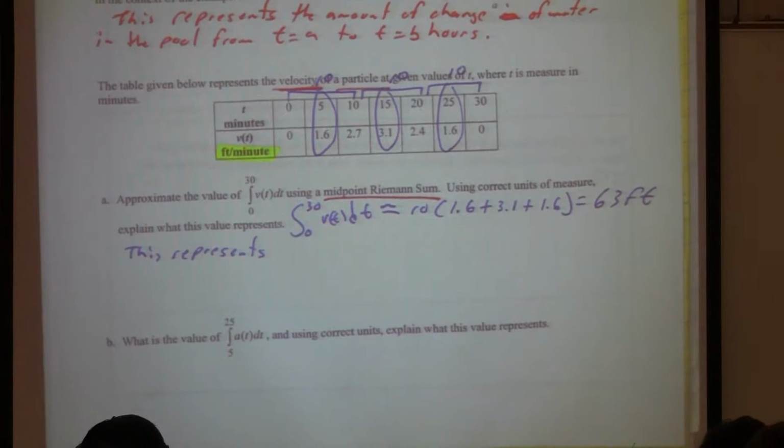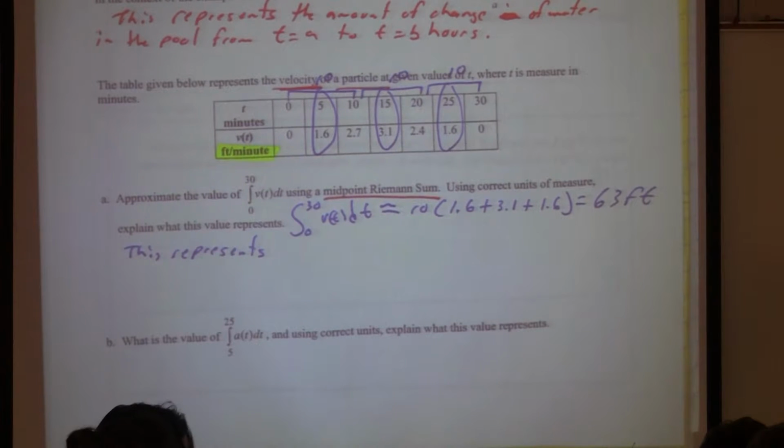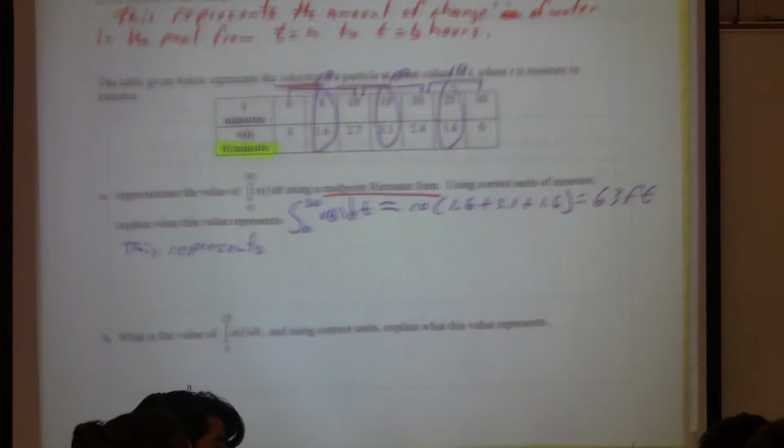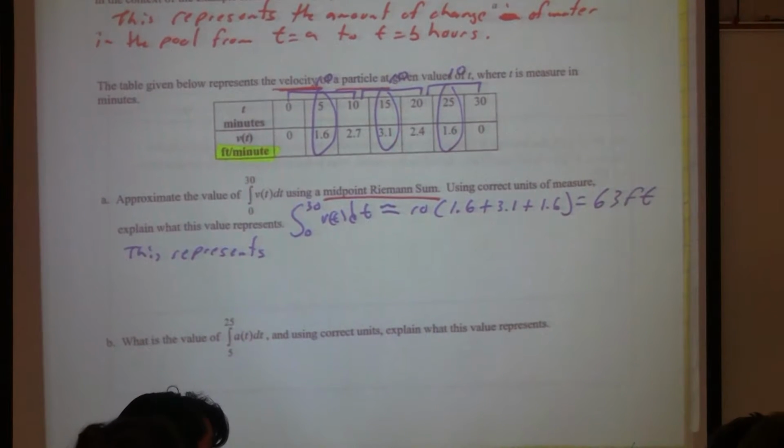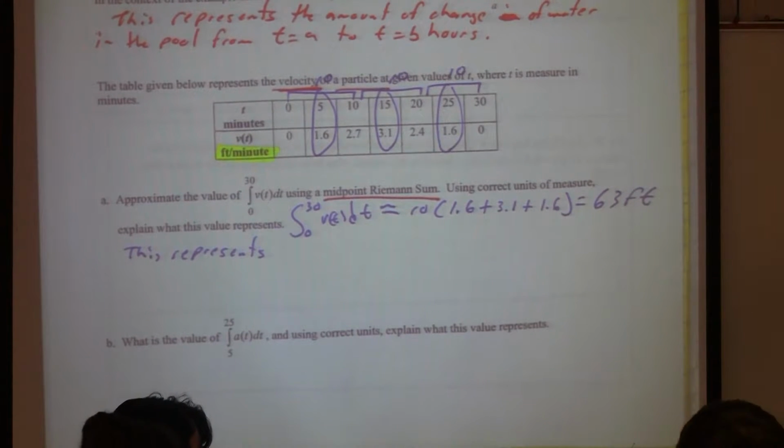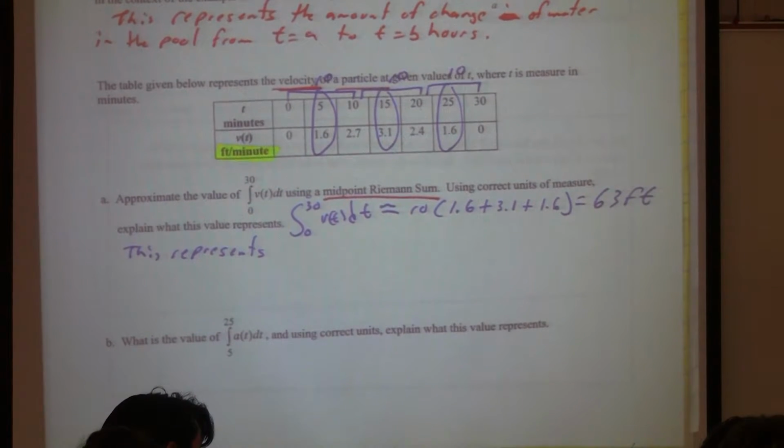This represents the total distance, the displacement, or both? Why both? Because velocity is greater than 0? Yeah. In which case we can just use this. Would all of those be correct?